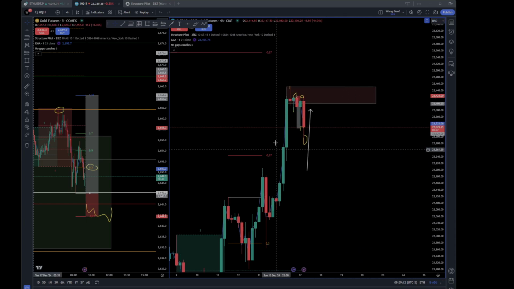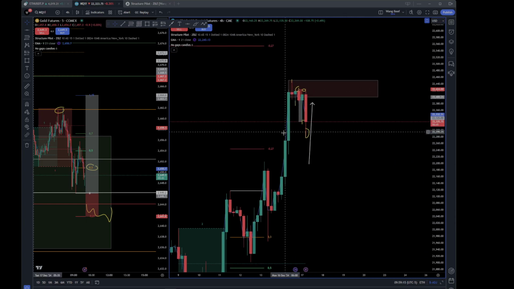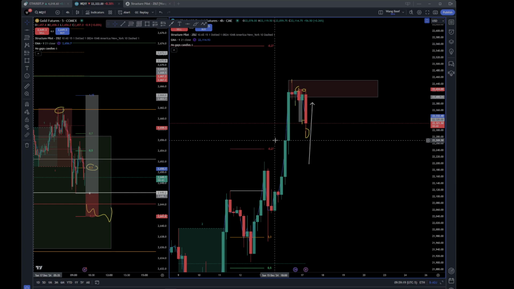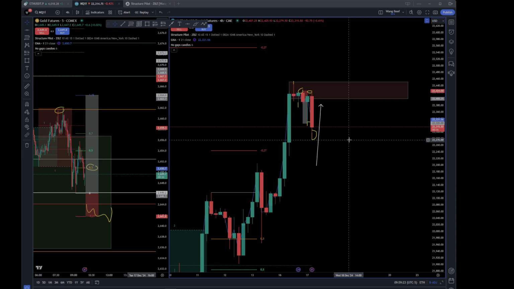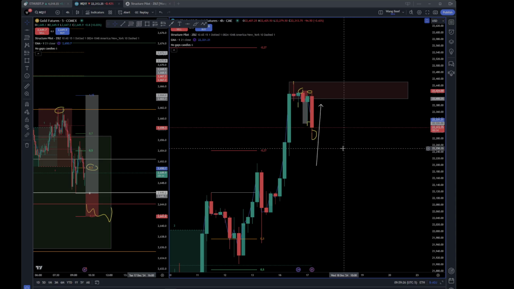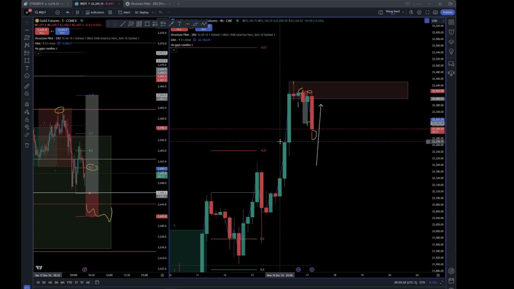And what do we know about imbalances? Is that the price will most likely try and put a new high from them. This is looking nice.